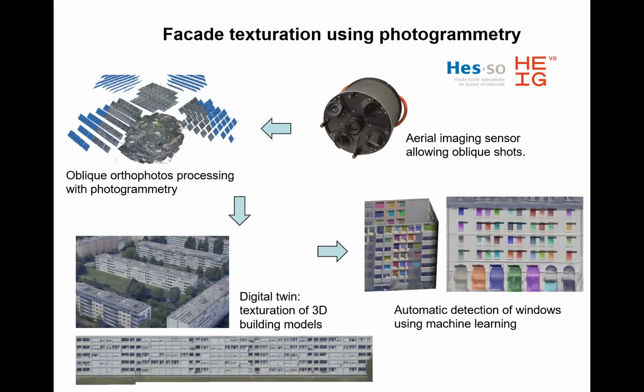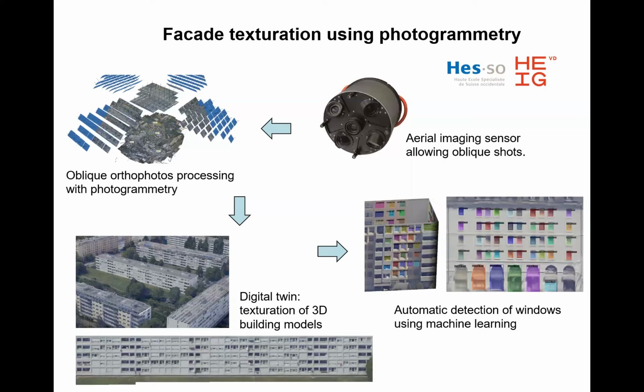About the first objective, facade texturation, we used a photogrammetry approach. The aim is to build a digital twin of an urban environment, which consists in texturing 3D building models. We already have some textures, but not georeferenced.